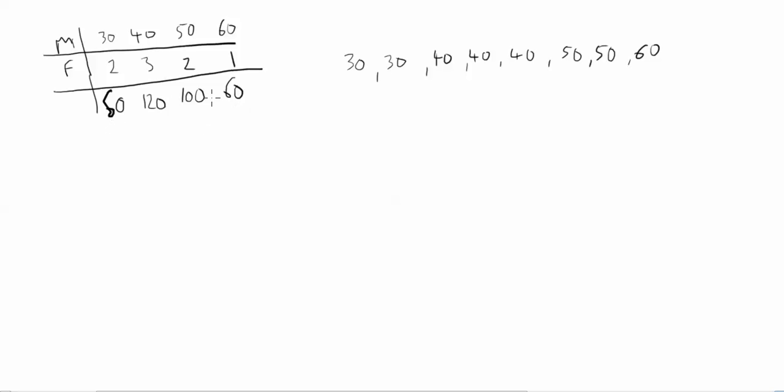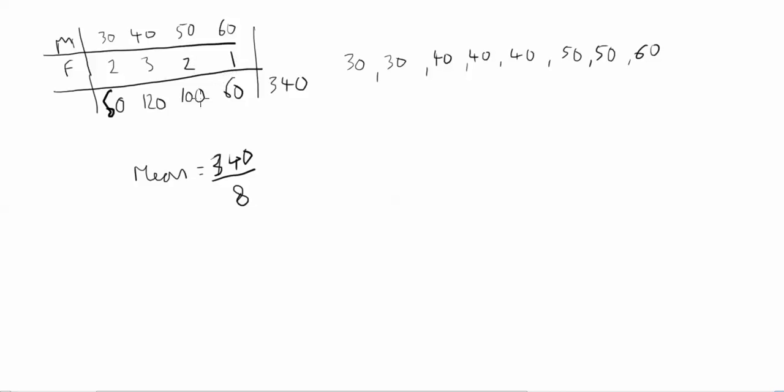And we know that is the sum of the masses, or the sum of the numbers, divided by the number of numbers. In my example, there's 8 numbers: 2, 3, 2, 1, 8 altogether. In the question, there's 64 numbers, so it's a bit harder to do. Okay, so we're going to have to do 340 divided by 8.